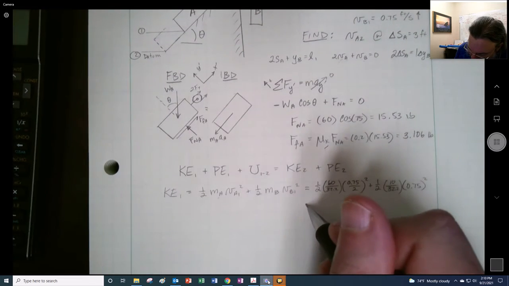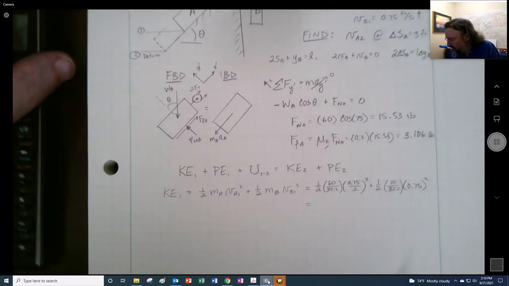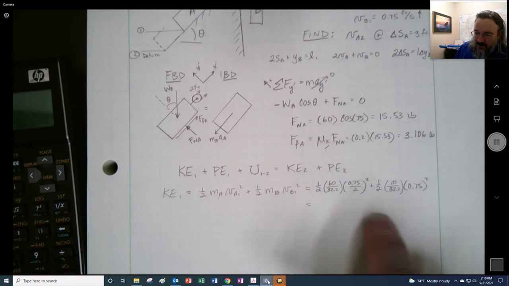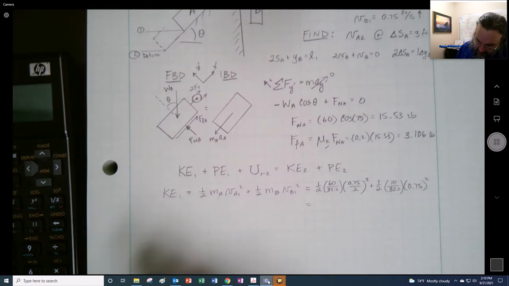So we can actually find this value. I did it before, so I have that written over to the side. I didn't pick a very large number for this, so it's actually not going to be much. 60 divided by 32.2, divided by 2, times 0.375 squared, and multiply that.